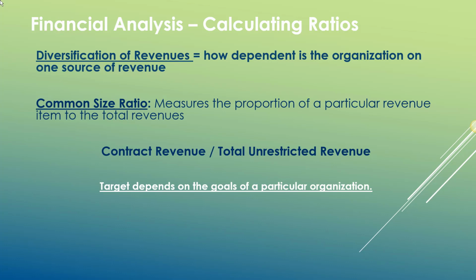The common size ratio just measures the proportion of a particular revenue item to the total revenues. So you really don't want to see a particular revenue be 90% or more of your total revenue. Even 80% or more can be dicey. But again, this is another situation on whether the target depends on the goals of a particular organization.